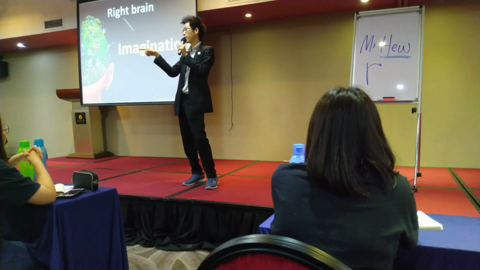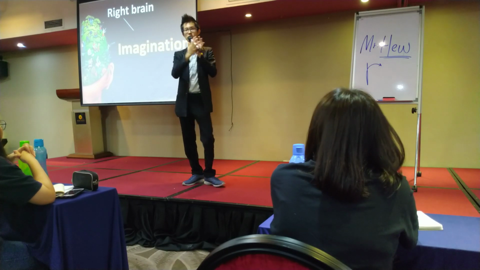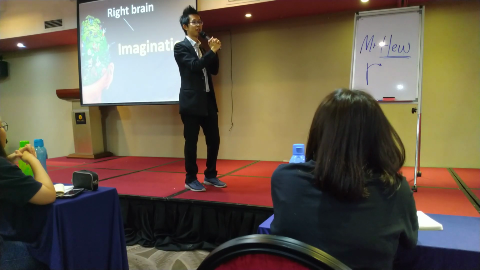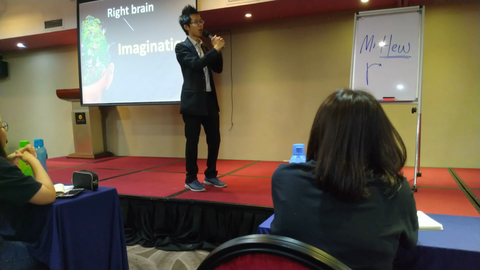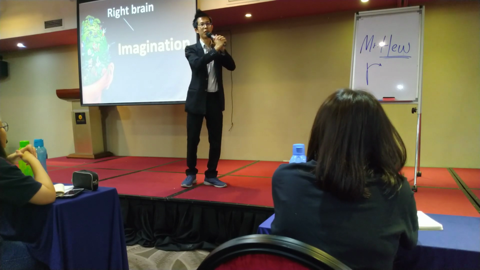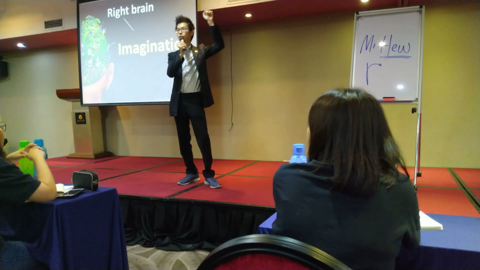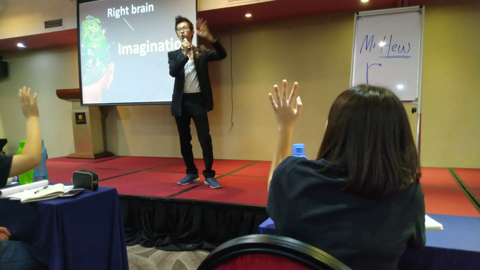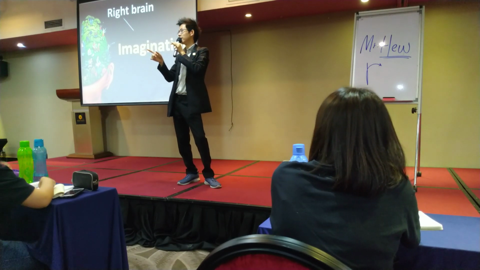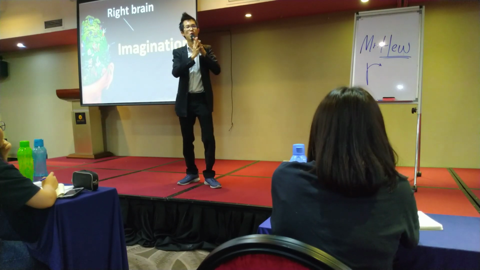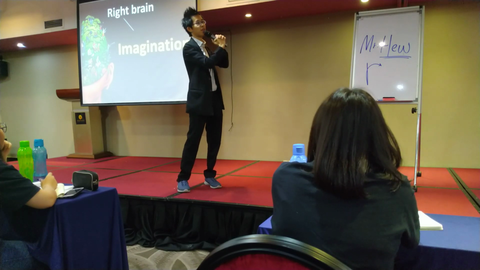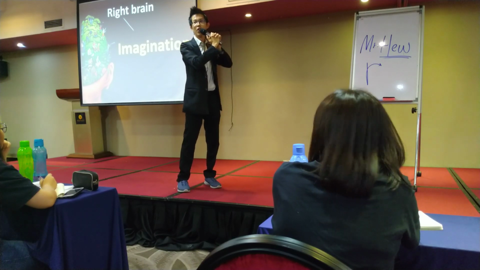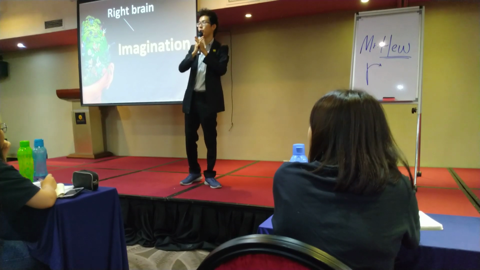Everyone is different. You just take a look. Who got the left thumb on top? Raise your hand. So you are a left brainer. Next, who got the right thumb on top? So you are a right brainer.